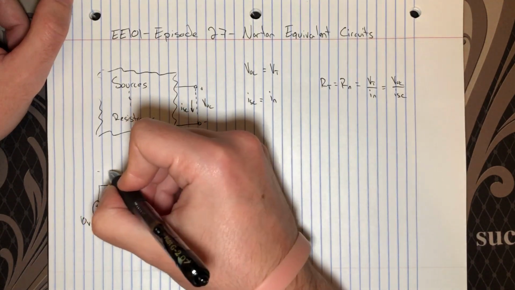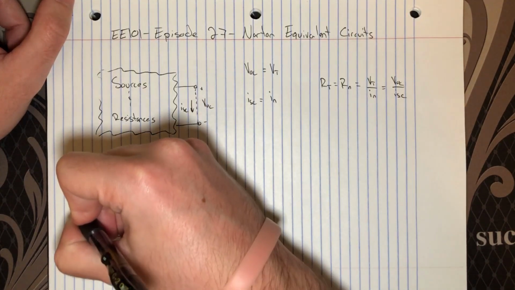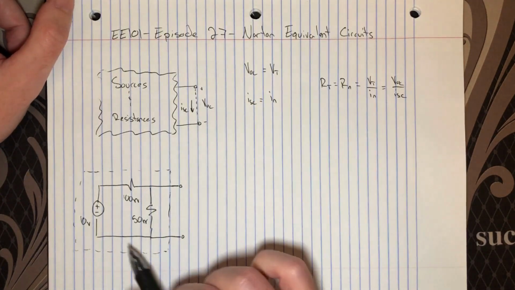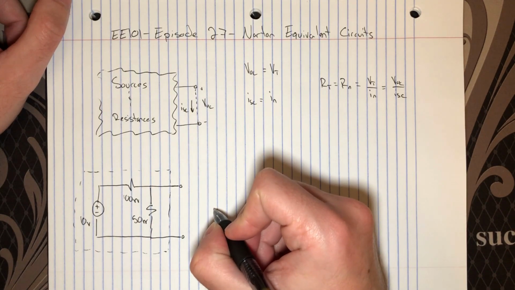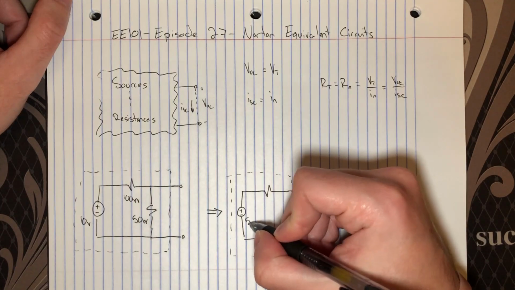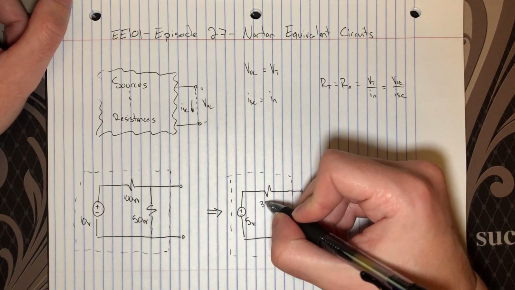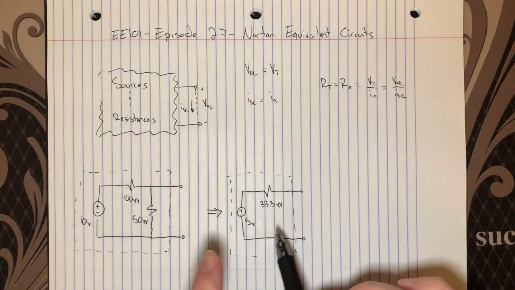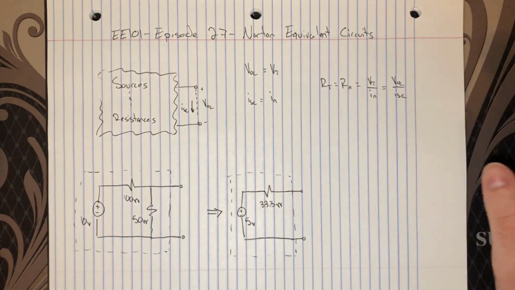And I'm going to draw this dashed box around this. And like I showed in the previous videos, the Thévenin equivalent for this circuit looks like this. We found that a 5 volt independent voltage source with a 33.3 ohm resistor in series equivalently modeled this circuit in the box.